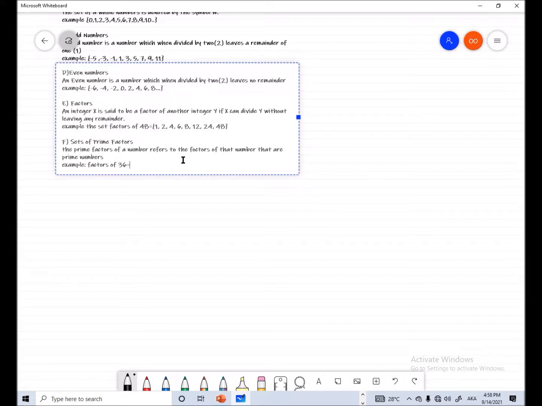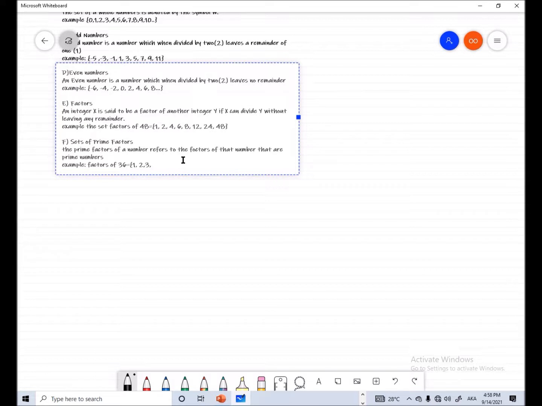We can say 1 is a factor of 36. 2 is a factor of 36. 3? Yes, of course, 3 is a factor of 36.